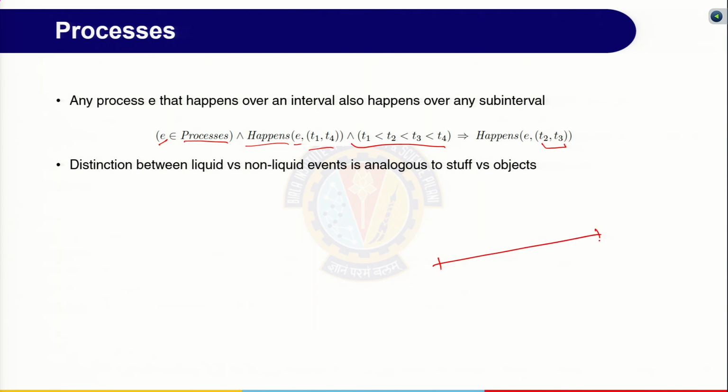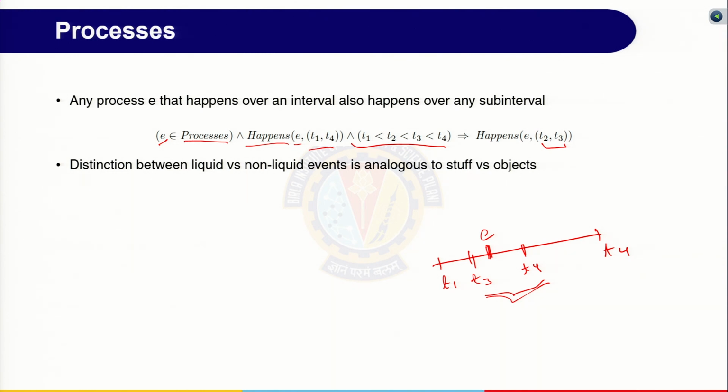Let's say we have a time interval t1 to t4, and I say there is a process E that lies between t1 and t2. That would suggest that there is a time interval t3 and t4 where the process would have happened. This would allow us to define events that happen in between an event.